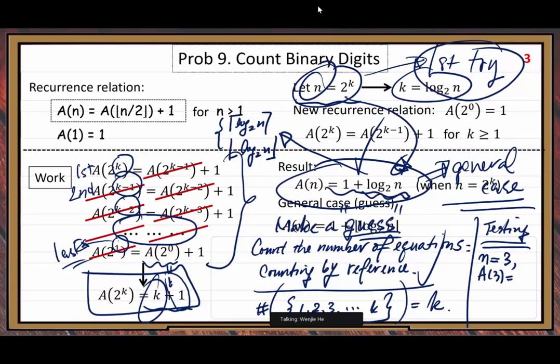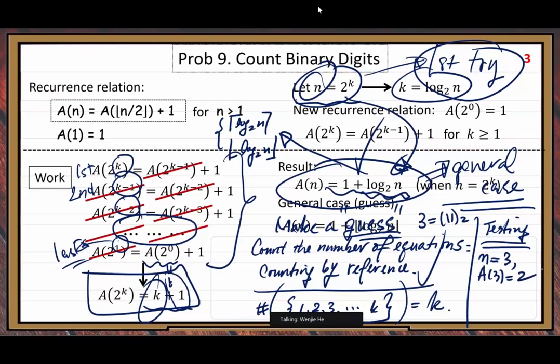We write this 3 in binary form. Decimal 3 equals 1, 1 in binary representation. Then there are two digits. So the number of bits is 2. A of 3 is 2.